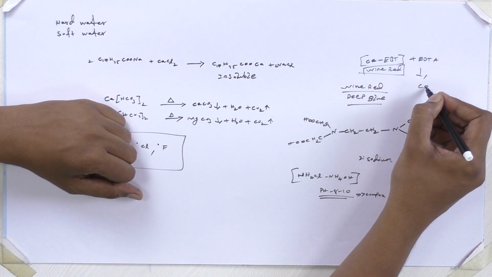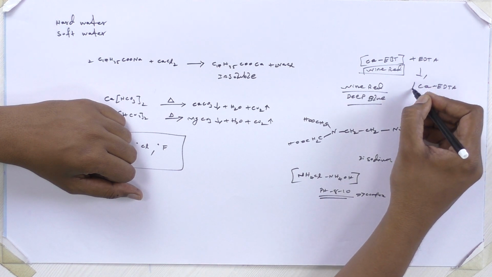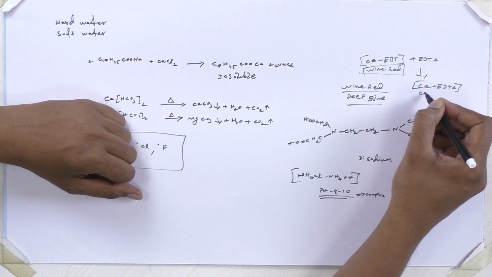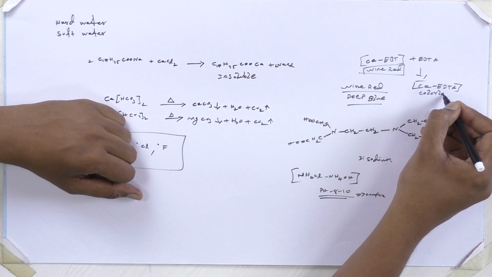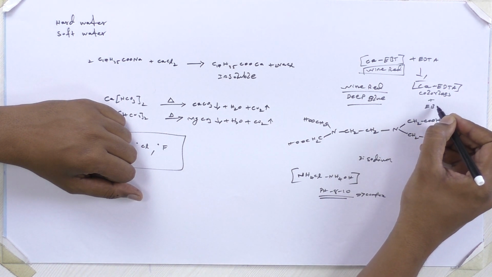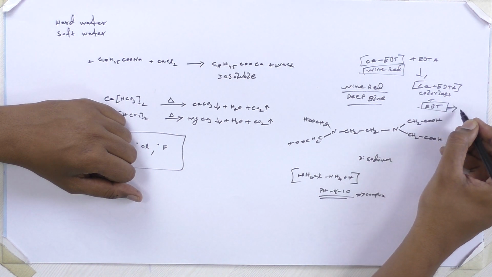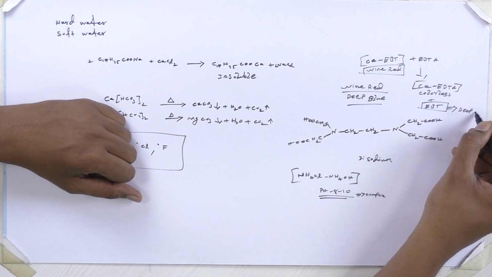So it forms a calcium-EDTA complex. Actually, it is colorless. But the EBT color is deep blue. This free EBT shows deep blue color in the final titration. So we can easily identify the titration endpoint from wine red color to deep blue color.